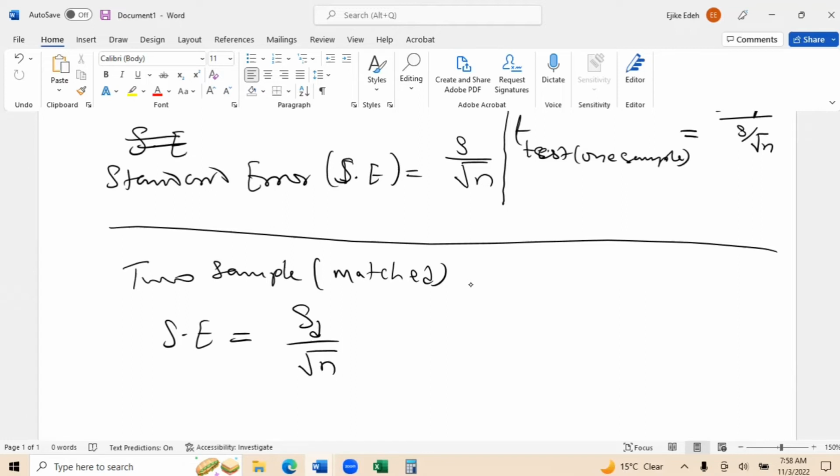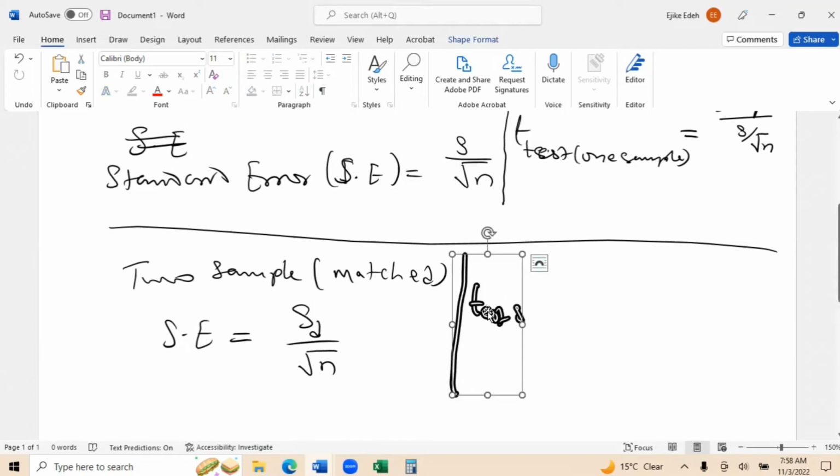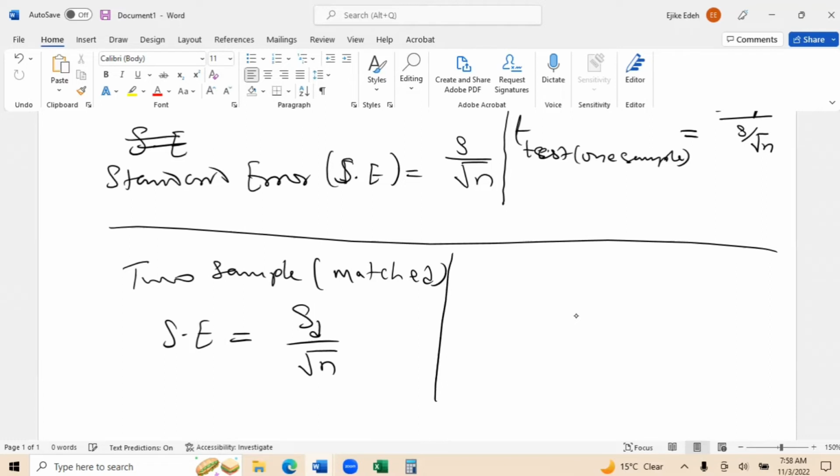And that is why the t-test for matched pair is equal to the difference.